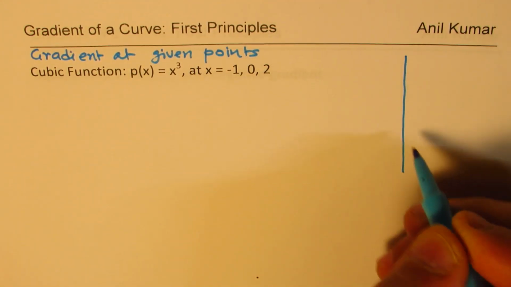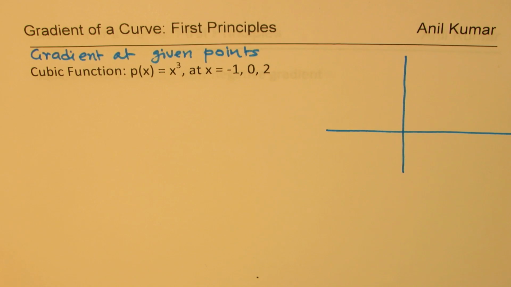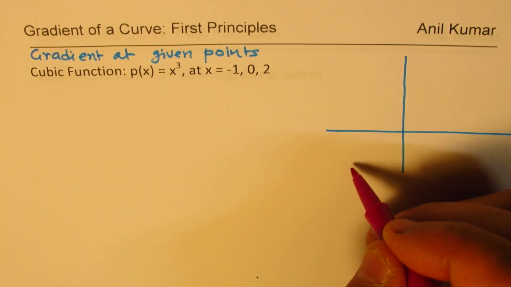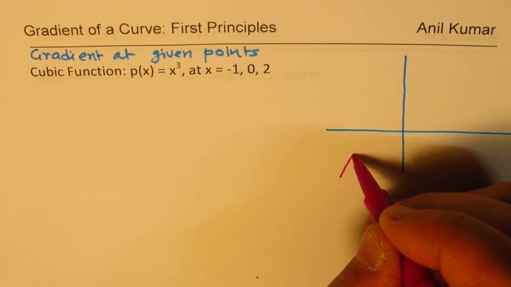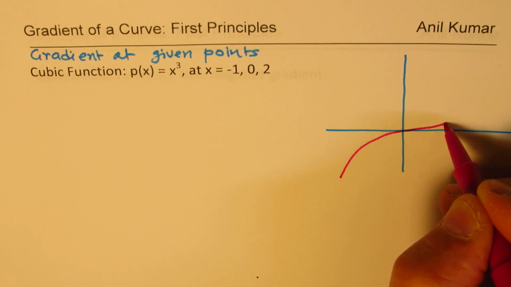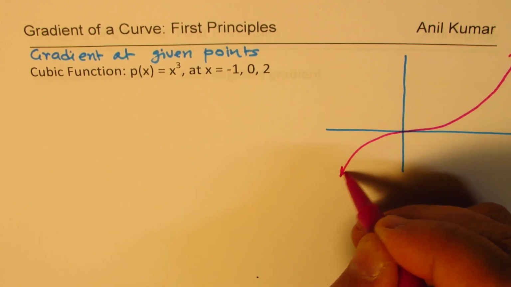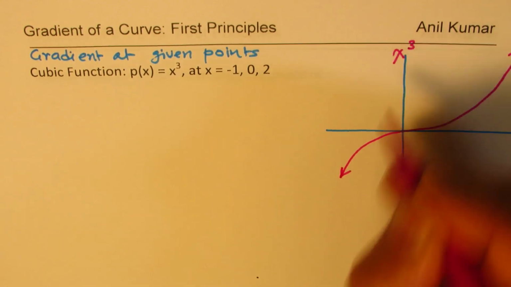Now, to begin with, let us make a sketch. And this time, we are only worried about minus 1, 0, 2 values. So what I'll do is, I'll make a very flat kind of a structure here for the curve. Okay. So that is my function, which is x cubed.